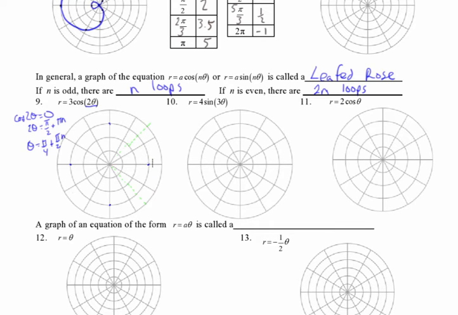And you can kind of think of that as our guideline to stay within, because instead of plotting a whole bunch of points, we're just going to try to get one and get a sketch in there. We can plug in a value like pi over 6 or pi over 12 and see what happens to it. But basically we're looking at this leaf, and it's going to be coming in, and it just keeps on going around.